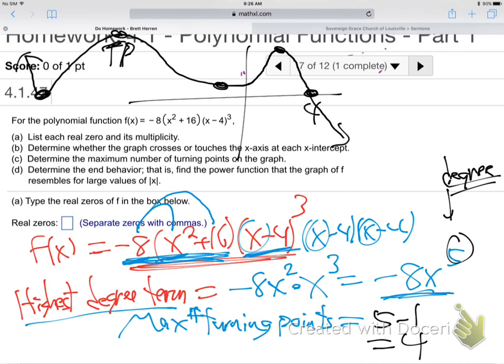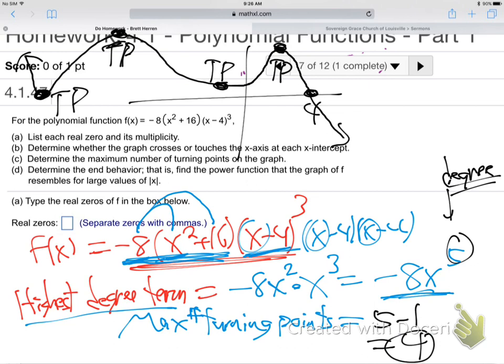I don't know. So what's that, 4 turning points? These are all turning points. It might have less, but it's going to have at most 4 turning points in the graph, where it goes from going up to going down. That's a turning point in a graph. At most 4. The degree minus 1 is the most.